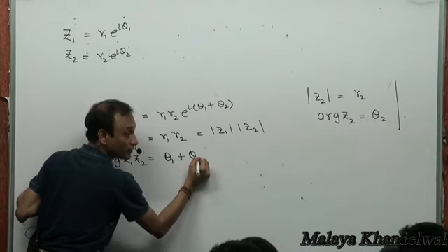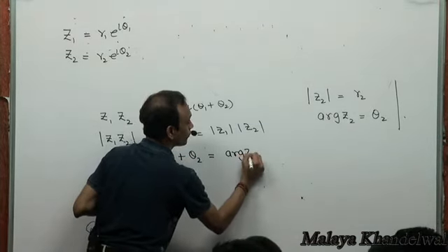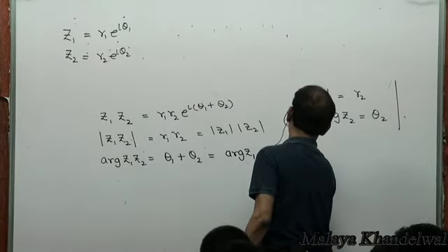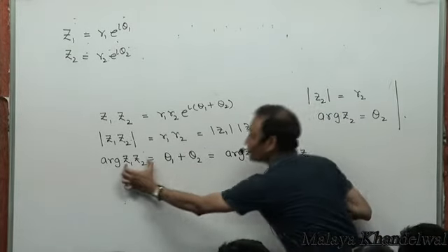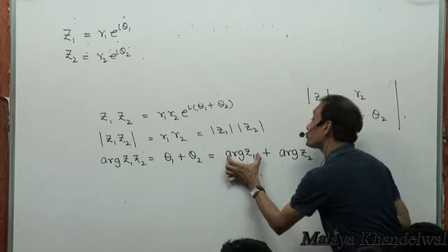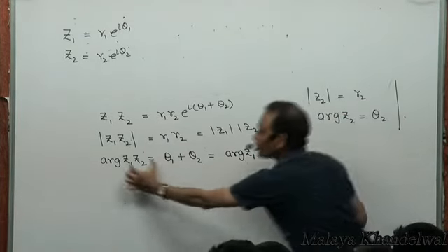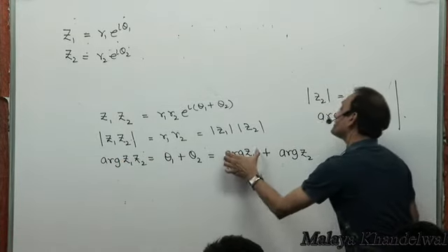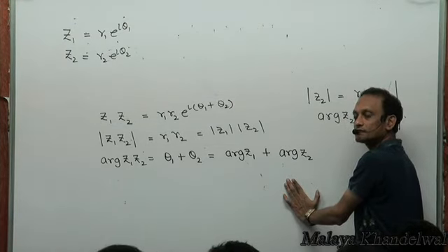But what is theta 1? Argument z1. What is theta 2? Argument z2. So the argument of the product of two complex numbers would be the sum of their arguments.